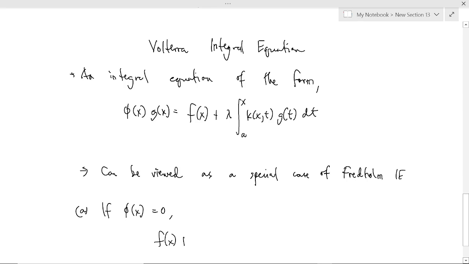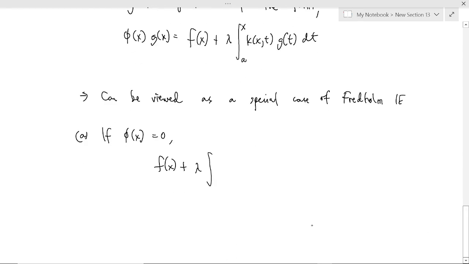So we have f of x plus lambda times the integral of k(x,t) g(t) dt evaluated from a to x, and of course this is equal to 0. This is what we call the Volterra integral equation of the first kind.